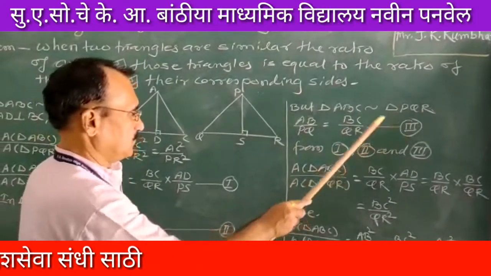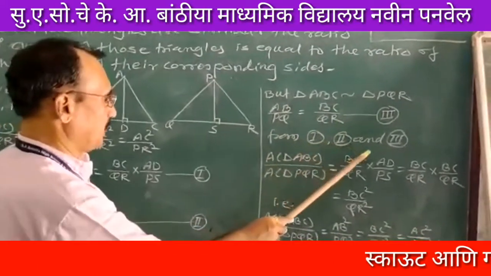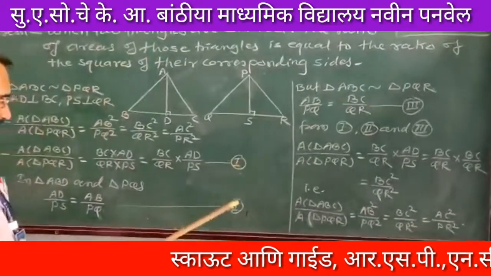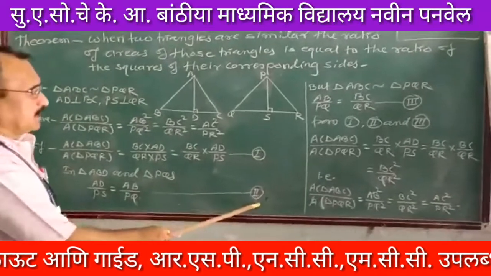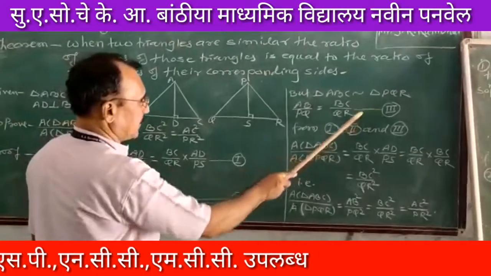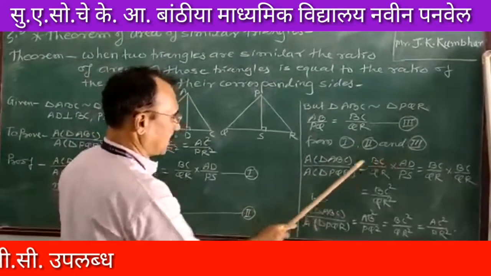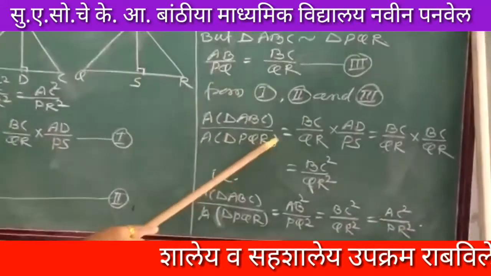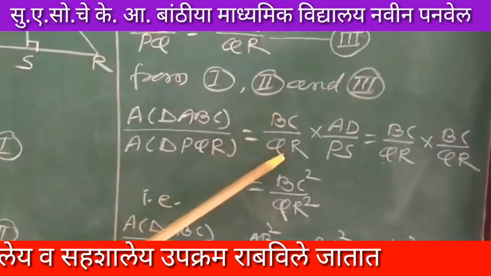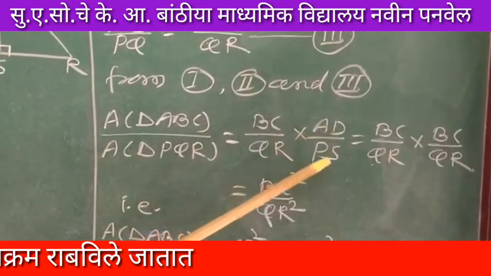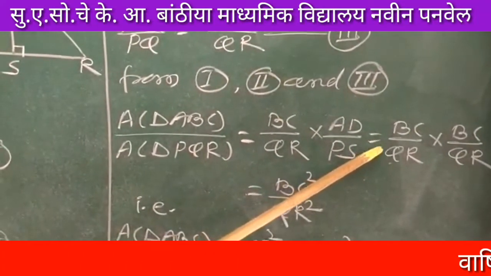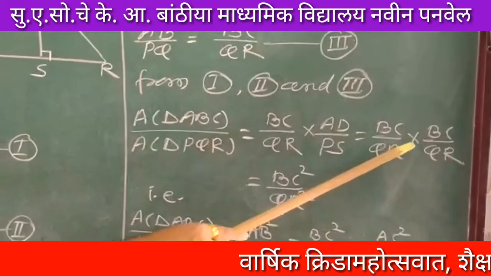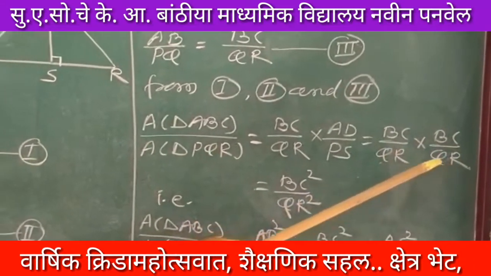This is the third one. This is the first statement, this is the second statement, and this is our third statement. From 1 to 3 we can write area of triangle ABC upon area of triangle PQR is equal to BC upon QR into AD upon PS is equal to BC upon QR into BC upon QR.